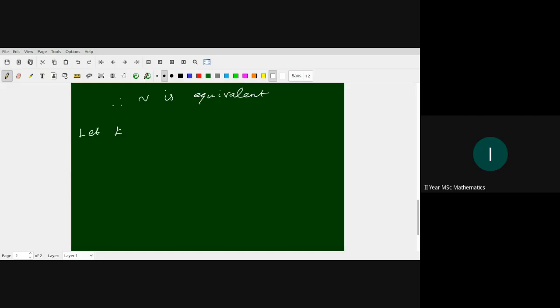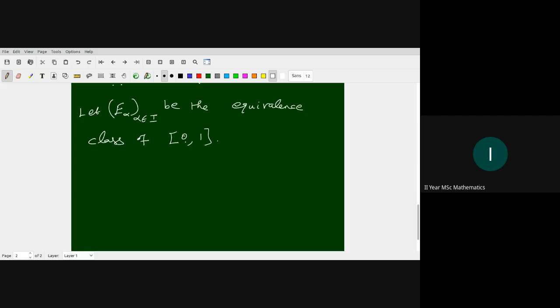Let E alpha, with alpha belonging to some index set I, be the equivalence classes of [0, 1]. What does an equivalence class mean? What kind of elements will E alpha contain? How do we define E alpha?